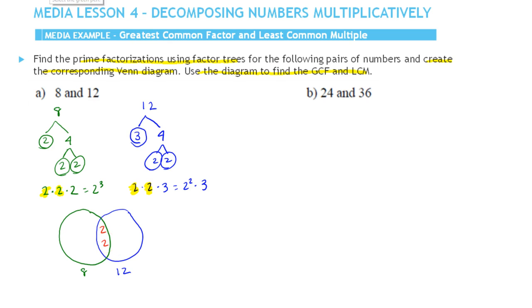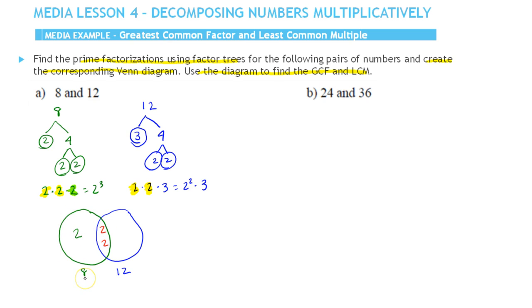Now, so these are the factors that both 8 and 12 share. So now out here, I would put any factors that 8 has that 12 does not have, because this is only in the green circle. So that's 1 factor of 2. Okay, so I'm going to highlight that because I've used it. Okay, so now 8 has 3 factors of 2.